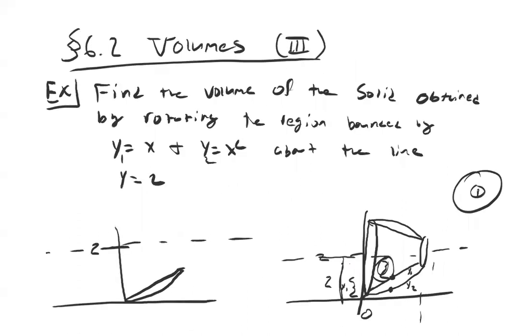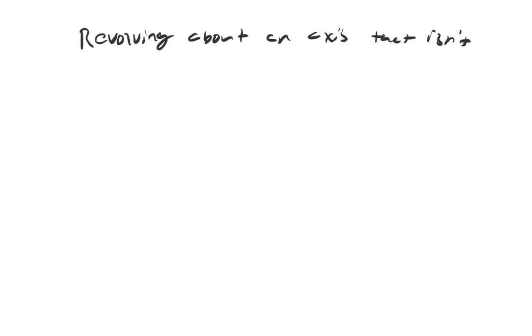So again, this one was different in the fact that we were revolving around an axis. So when that happens, when I'm revolving around an axis that isn't the x-axis or the y-axis, typically it's going to be like x equals something or y equals something.